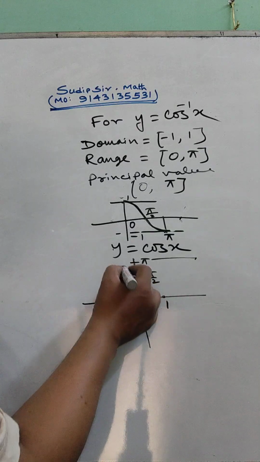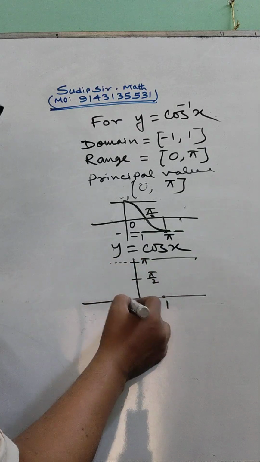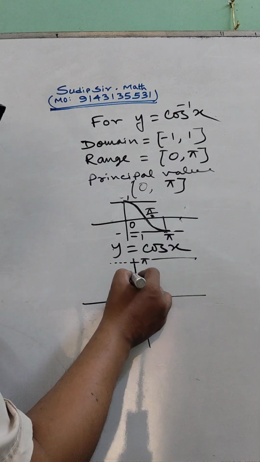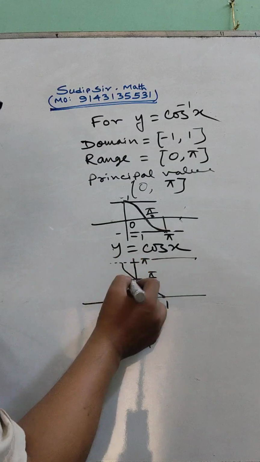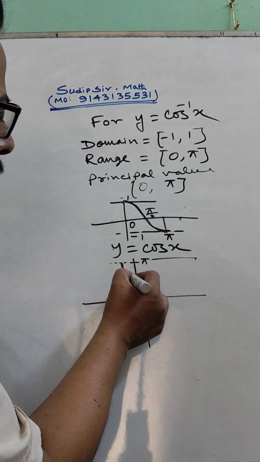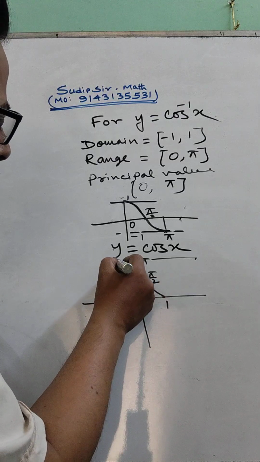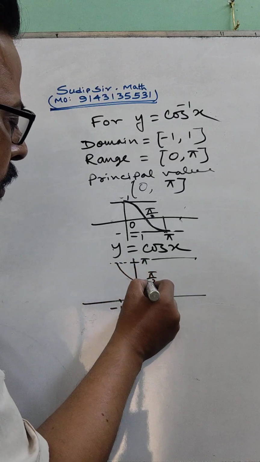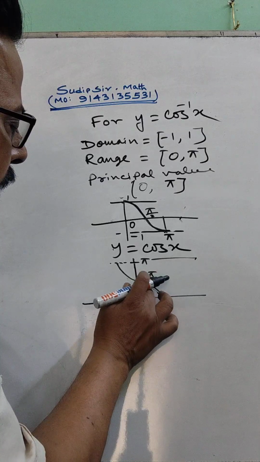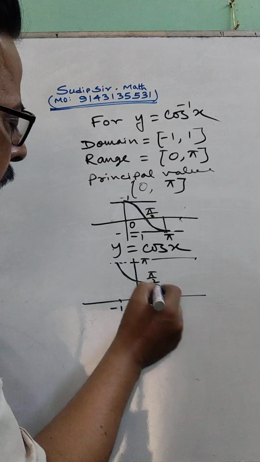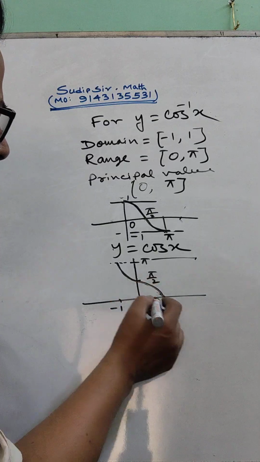So this curve will be like this, not a straight line. From minus 1 to 1, it will cut at pi by 2.